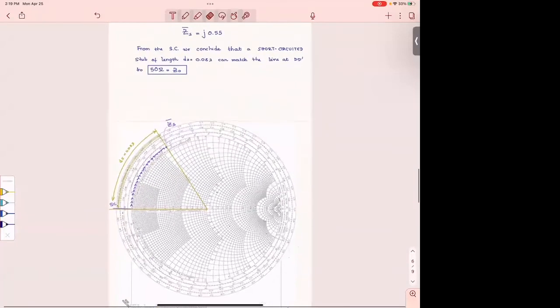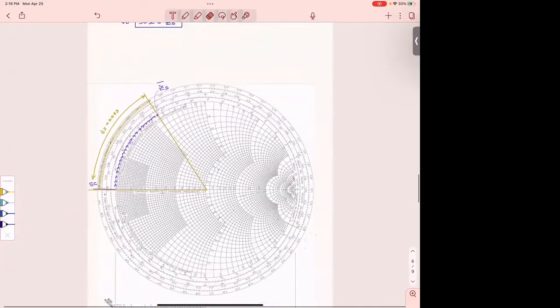Okay, we have not finished though. We found how much impedance the stub should give as a load there, but we have not found the length of the stub. So how are we going to do that? We are going back to the Smith chart. Usually, when I am solving these problems, I use two separate Smith charts.